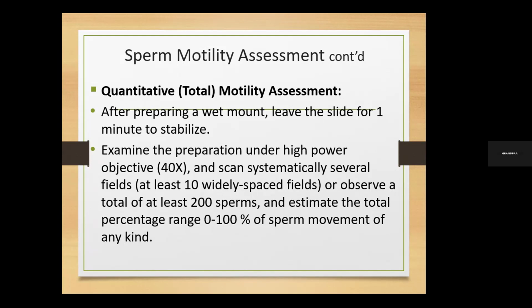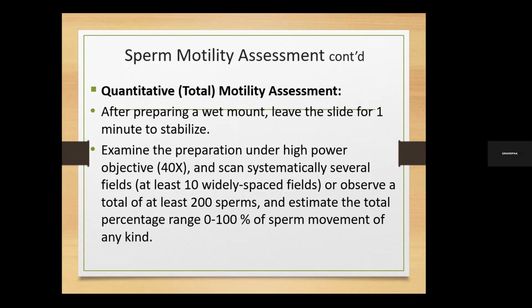All right, so that same slide can be used to do your motility, especially the one that we're going to talk about. So you don't need to say that, okay, I've done my initial wet mount, I'm going to do the motility, let me also prepare another slide. If you want to do that, fine. But you can still use the initial wet mount to do your motility assessment. All right. Now, how do you do that?